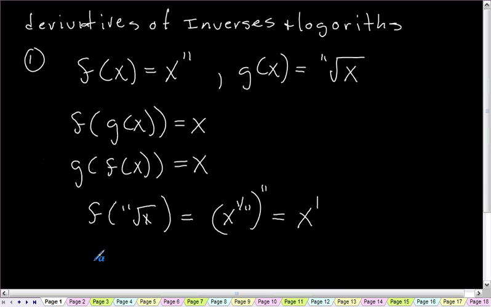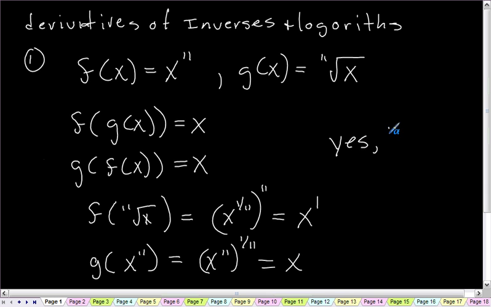If we do it the other way around, if we plug x to the 11th into our g of x, which is the 11th root of x, that's the 11th root of x to the 11th. And that also comes out to x. So yes, they are inverses.